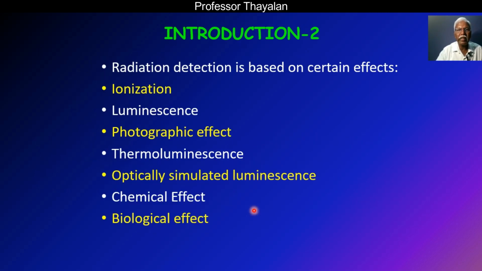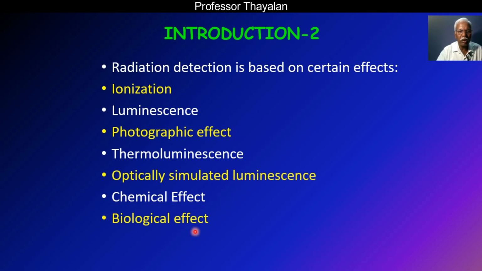What are the various methods by which we can detect radiation? Radiation is generally detected based on certain effects which it produces. What effects can radiation produce? Radiation can produce ionization, luminescence, affect photographic film or plate, produce thermoluminescence, produce optically stimulated luminescence, OSL we call it, and cause chemical effects.